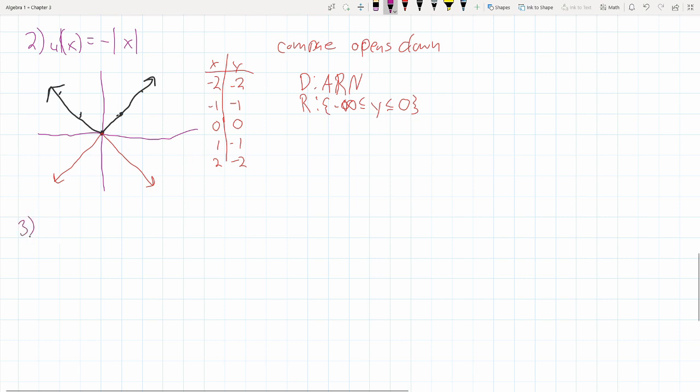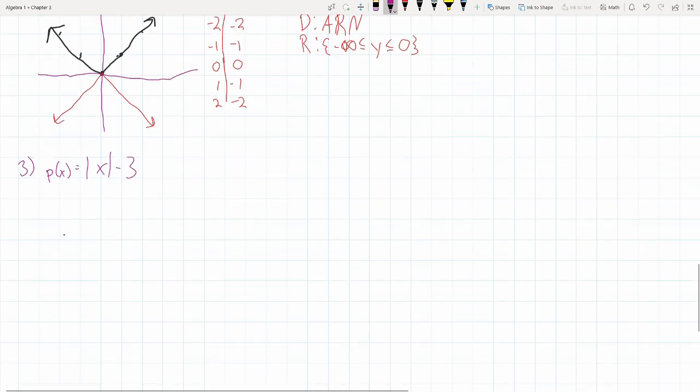Number 3, p of x equals the absolute value of x minus 3. So again, I'm just going to draw the parent function.